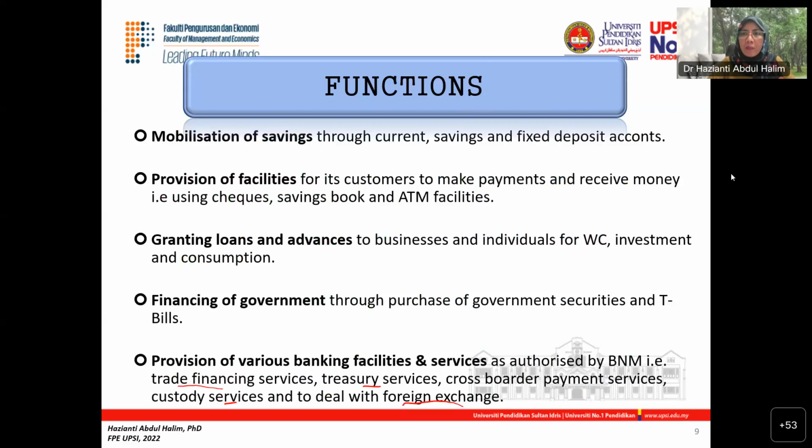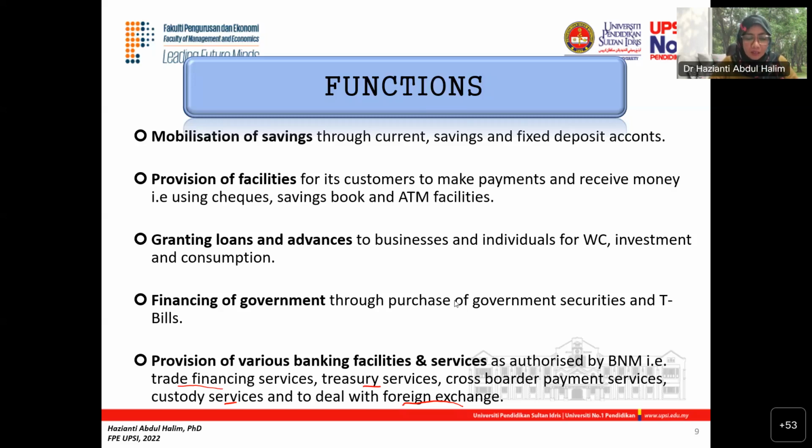Besides mobilization of savings, whereby it is a financial intermediary, we can go back to topic 1 where we talk about financial intermediation. So besides giving us a place to save our money, these banks also provide facilities such as ATM, checks, saving books. So these are all the facilities provided by a commercial bank.